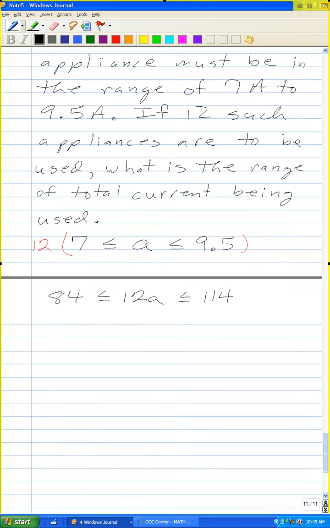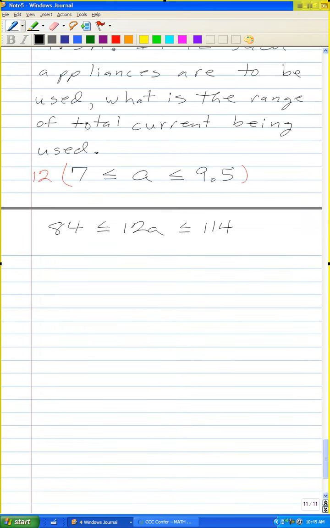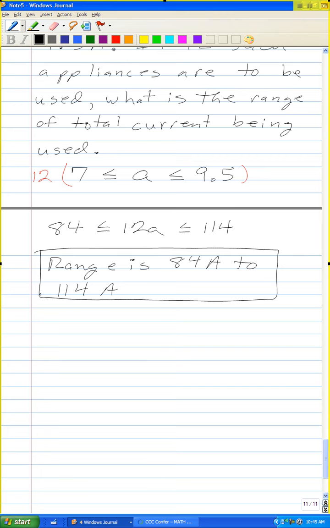And so the range is 84 amps to 114 amps. And that's the range of current being used.